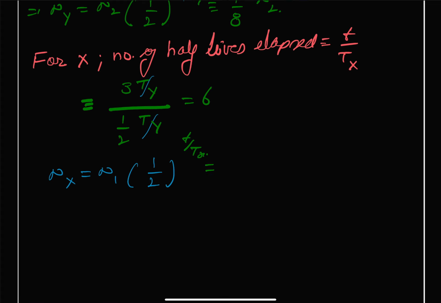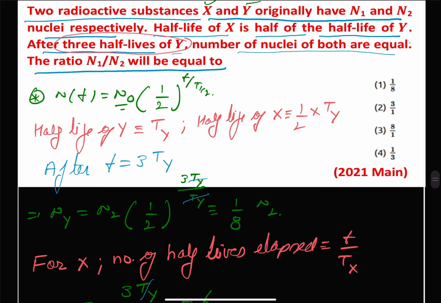So from here we get N1 into 1/2 raised to power 6, which will be equal to 1/64 times N1. And it states that after this time both are equal.